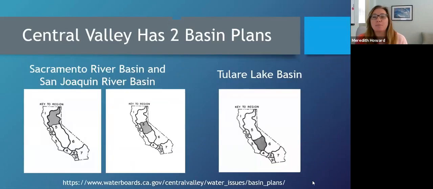So very briefly, because I'm seeing the names on the phone, I know a lot of you work with us a lot and are kind of aware of this, but for any that aren't, the Central Valley really has two basin plans, the Sacramento River Basin and San Joaquin River Basin plan, and then the Tulare Lake Basin plan. And the basin plans are basically a mechanism to implement both the federal and state water pollution laws.